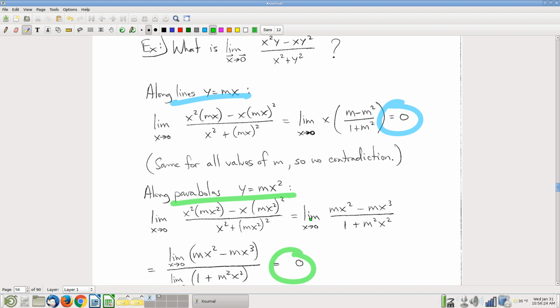If you look at this original thing here, we have the limit of a numerator divided by a denominator. If you want to assert that that's equal to the ratio of individual limits, then both of those individual limits have to exist, which they do, and the denominator limit can't be 0, but it is. The limit of this denominator is 0. So you can't do that.